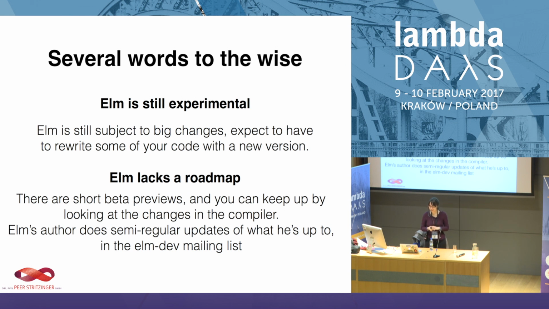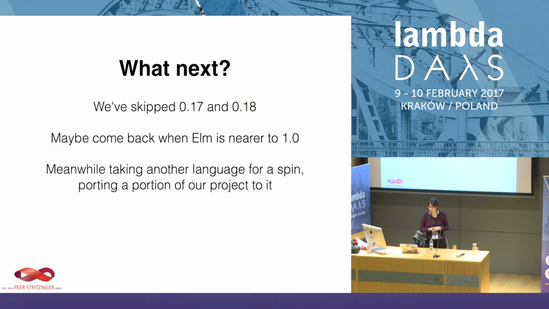It's all in Elm's author's mind, which is great, but it's a bit less great if you want to make predictions and know what you're going to write. But still, it's a 0.x language. There are short beta previews, and you can keep up with them and the changes by subscribing to the Elm dev mailing list.